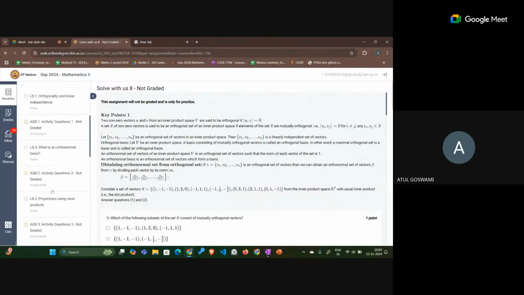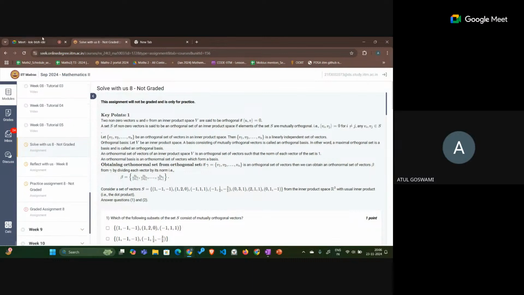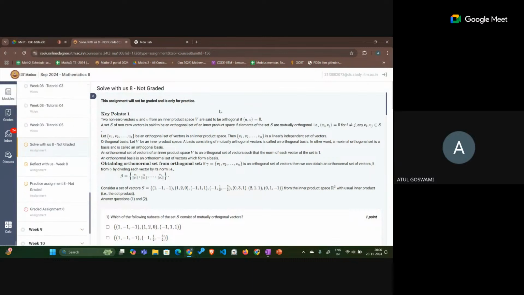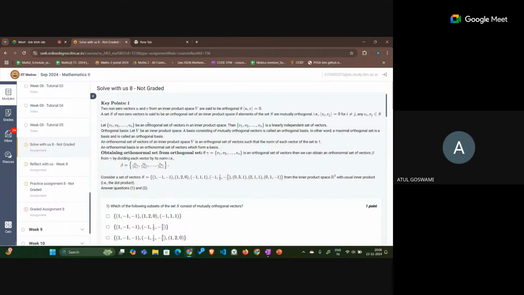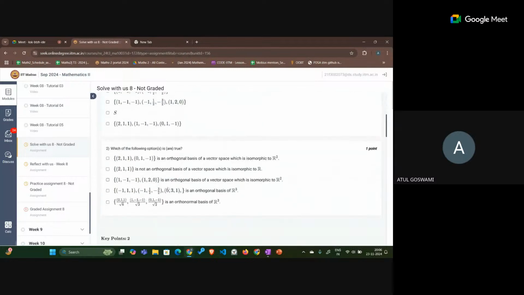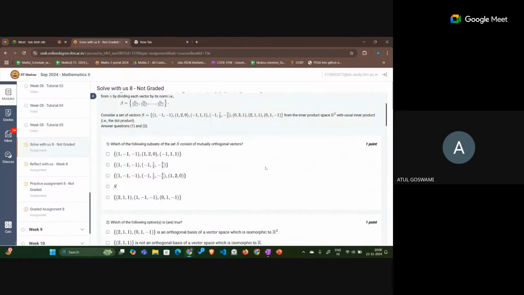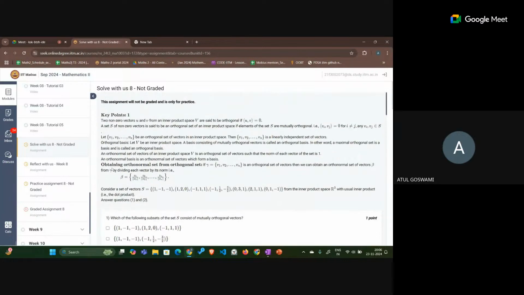Let's start from solve with us. Then we'll solve the practice assignment as well. So the first key point, obtaining an orthonormal set from an orthogonal set, will be used in question one, or maybe one or two questions.